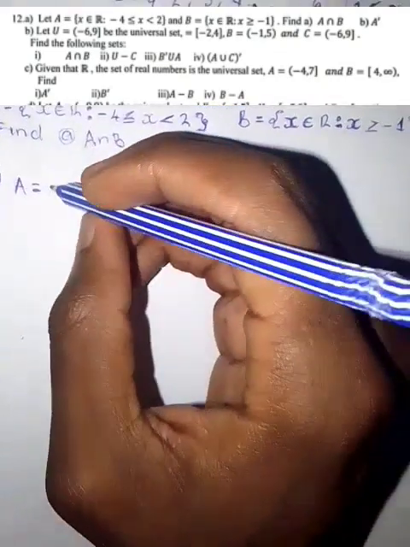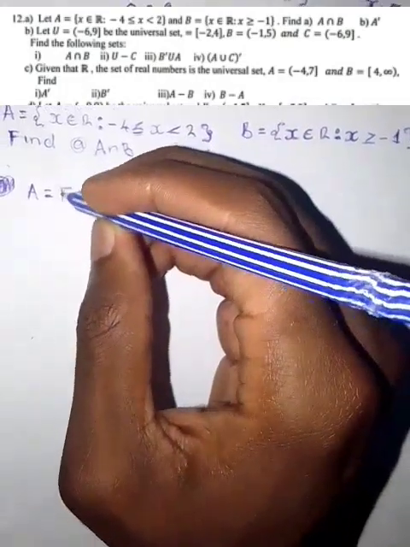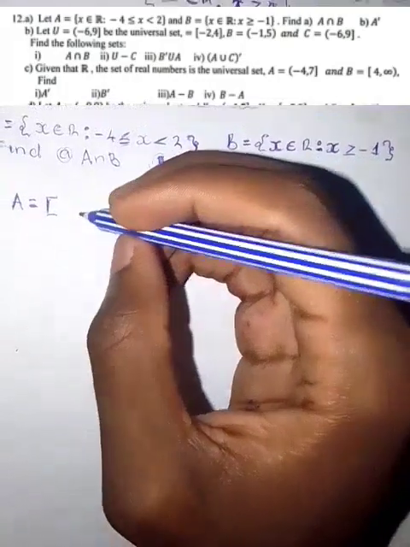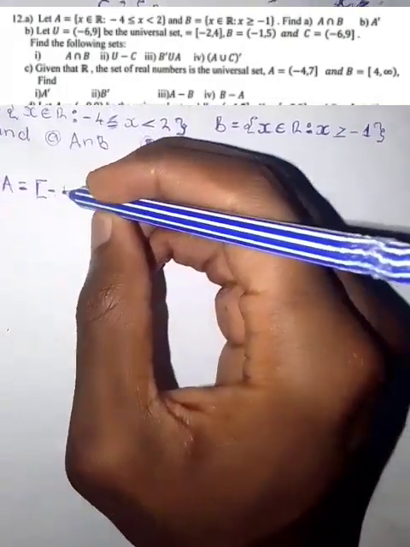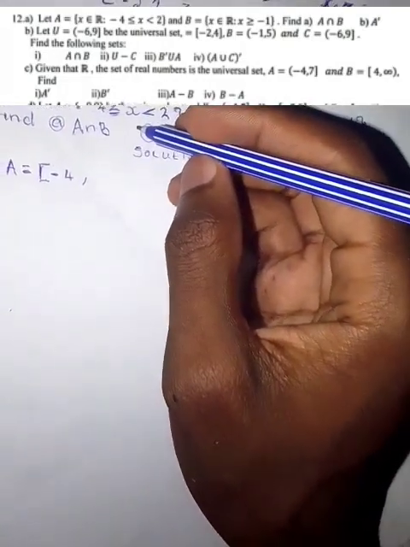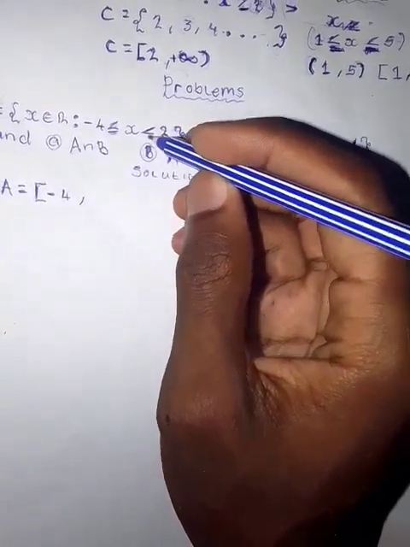You can just say here that it's part of the set, right? So it's going to be a square bracket. You write -4, you put a comma. Where is it ending? We're ending at 2. This time 2 is not part of the set.